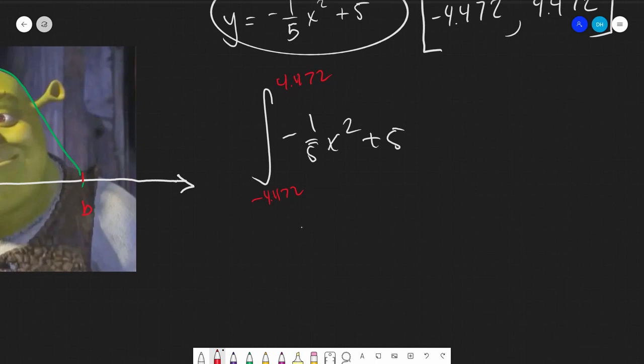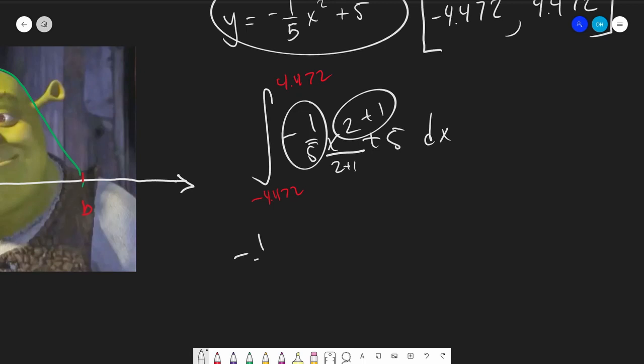Again, the first step to definite integrals is to just normally integrate it. Well, the integral of negative 1/5 x squared, we can ignore this coefficient and just integrate the x squared. So ignoring the coefficient, we add 1 to the exponent, and we divide by whatever number this becomes, which is 2 plus 1, which is 3, right?